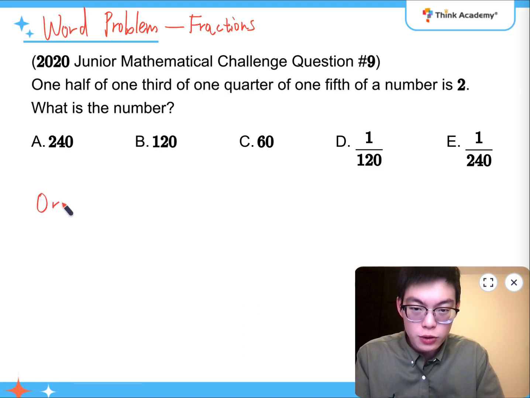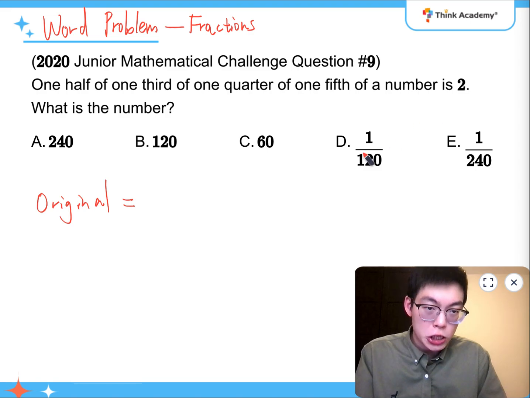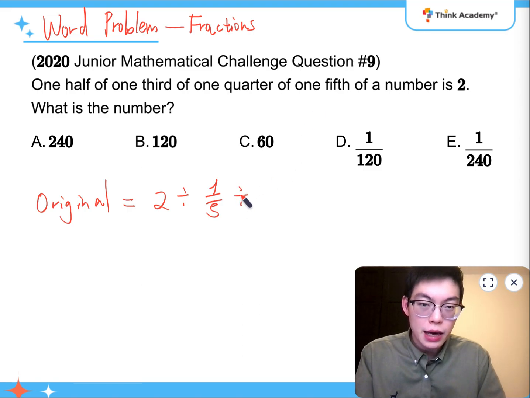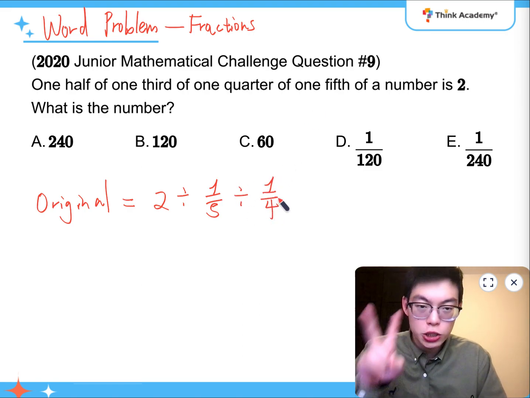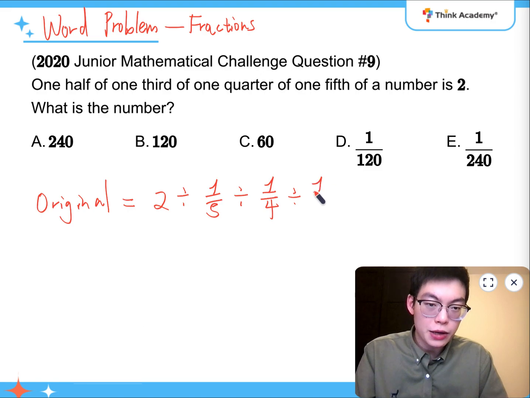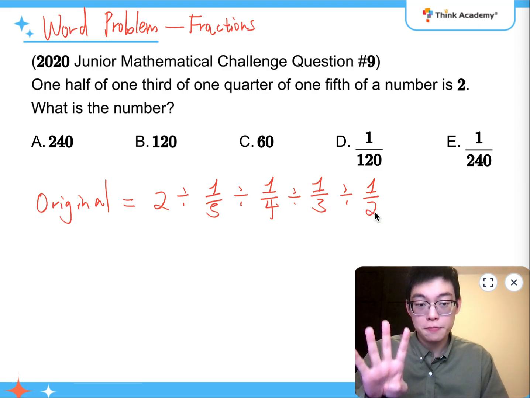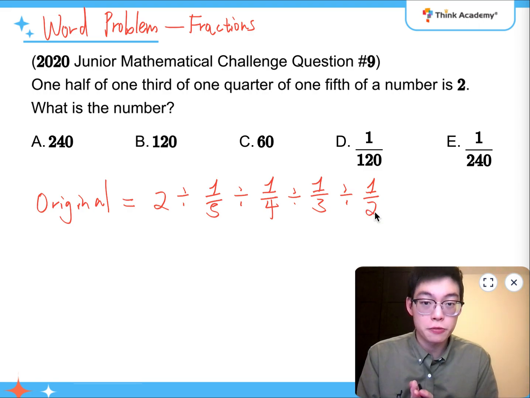So the original number is 2 divided by a fifth, so tracking it back 1 time, and then divided by a quarter 2 times, divided by a third 3 times, divided by a half 4 times. And that's all we need to do.